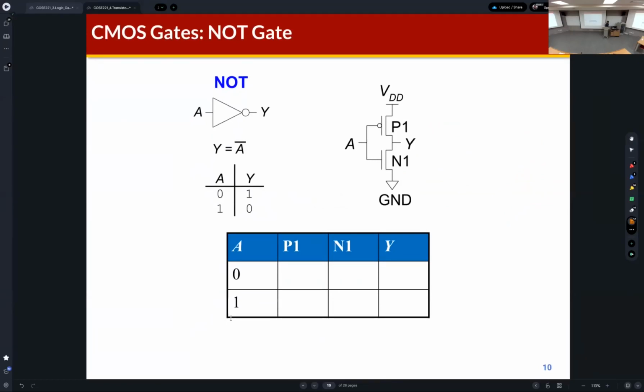Okay, let's see the operation of the NOT gate. In the previous class, we learned about the NOT gate, right? This is the NOT gate, and you can see the bubble here. If we use the bar here, this is the NOT gate, A is the input, and Y is the output of the NOT gate.